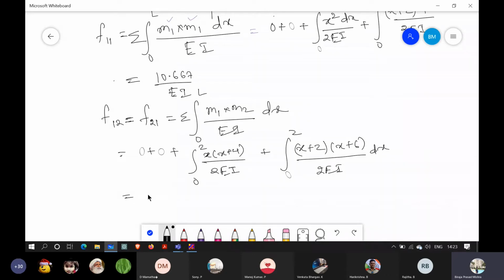On solution, it will be 26.67 by EI. This implies F21 equals F12 also.